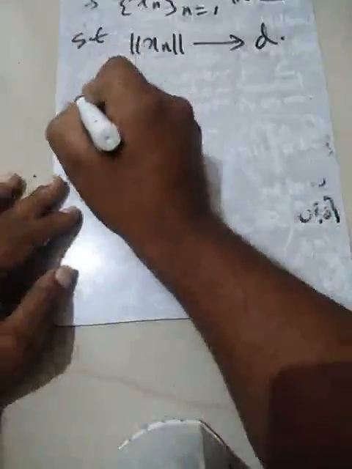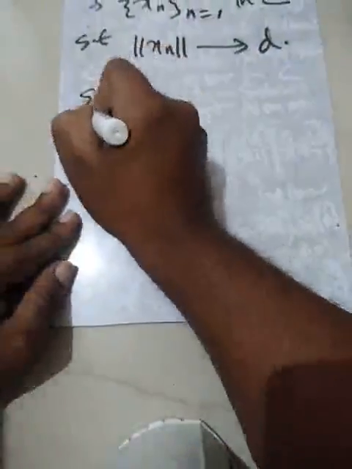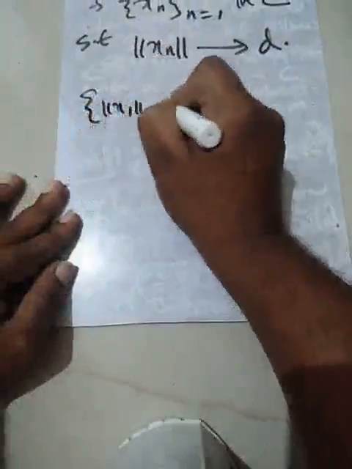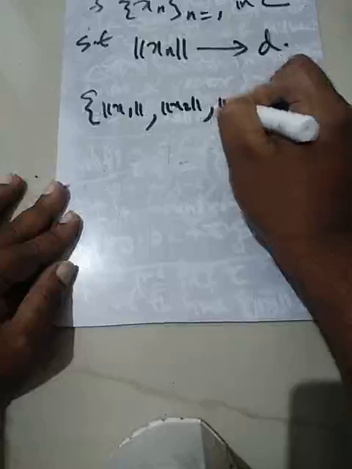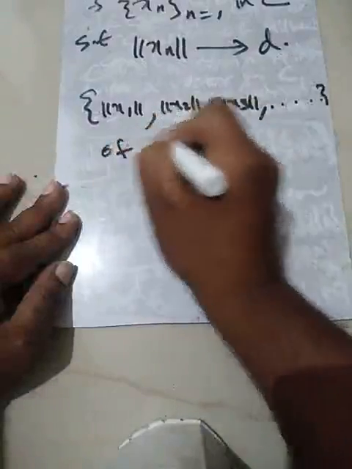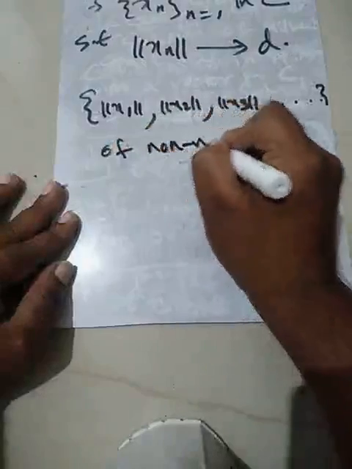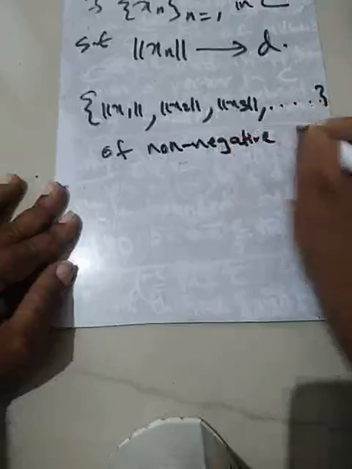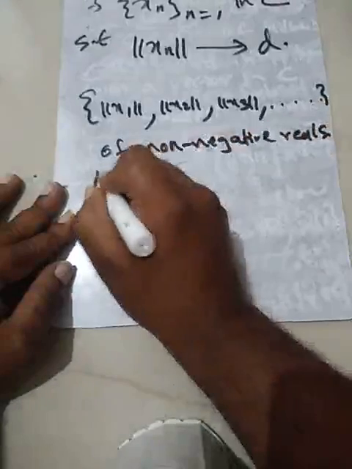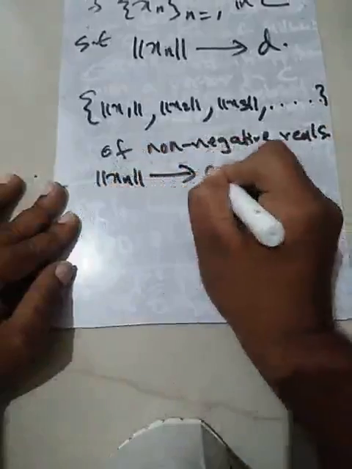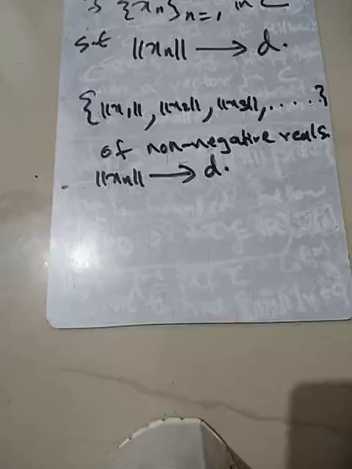We have xn as a sequence in C, and another sequence: norm x1, norm x2, norm x3, and so on. This is a sequence of non-negative reals, and it is given that the norm of xn converges to D.